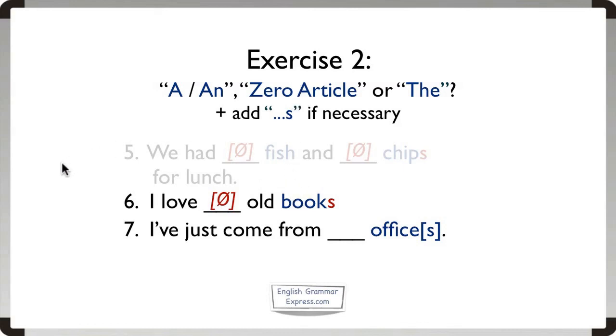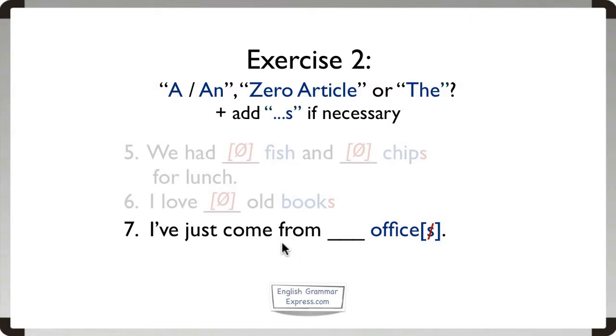And finally, sentence number 7. I've just come from something office. Now, the noun in this sentence is office, and the first question is, should it be in the singular or in the plural? Well, it's my office and there's only one, so it's singular. Next question, are we talking about an office in general or in particular?